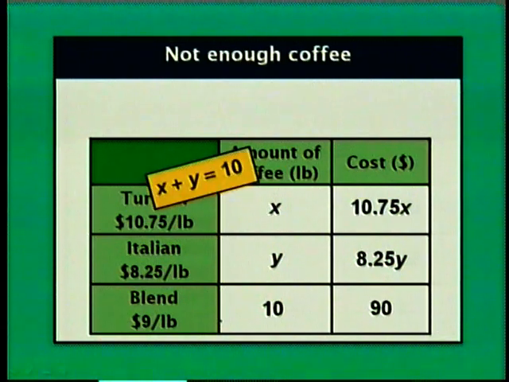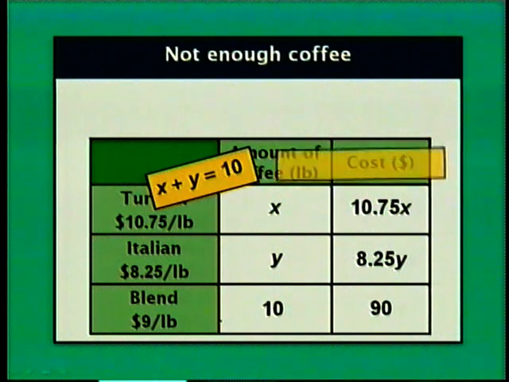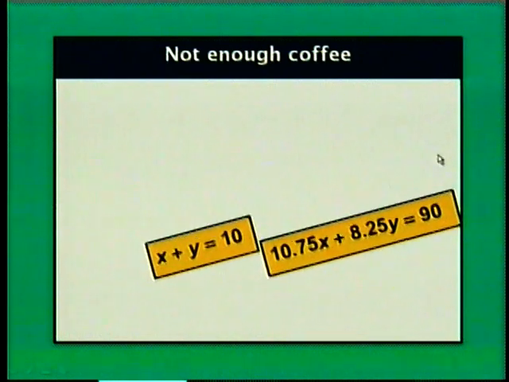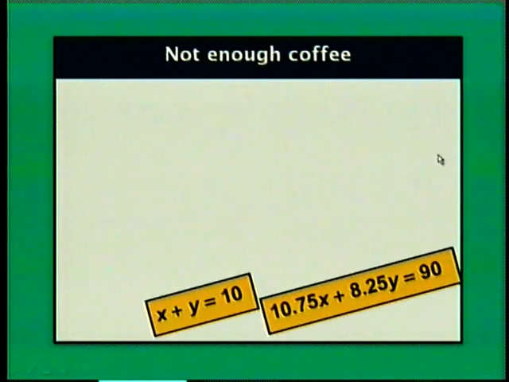An equation about the quantity of coffee, x plus y equals 10. And a second equation about the cost of coffee. When I add up the cost of the Turkish roast to the cost of the Italian roast, that should equal the total cost of the blend. So now I have a system of equations, and I'm ready to go.